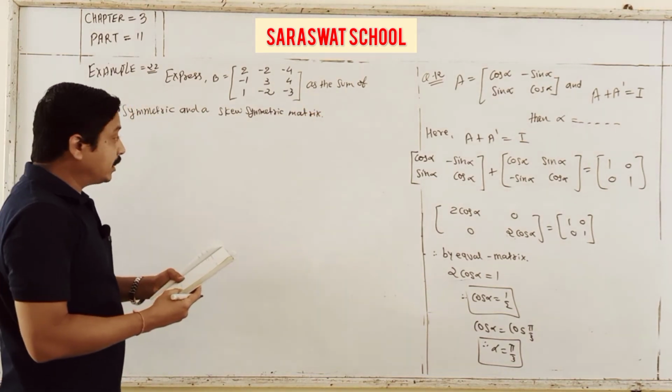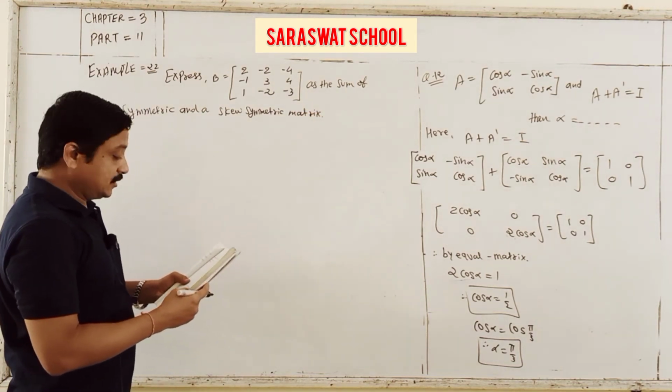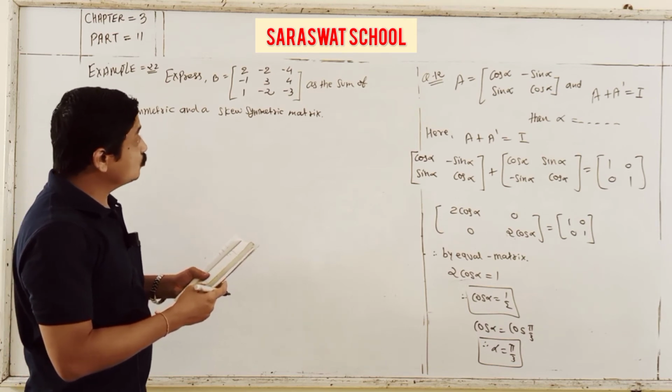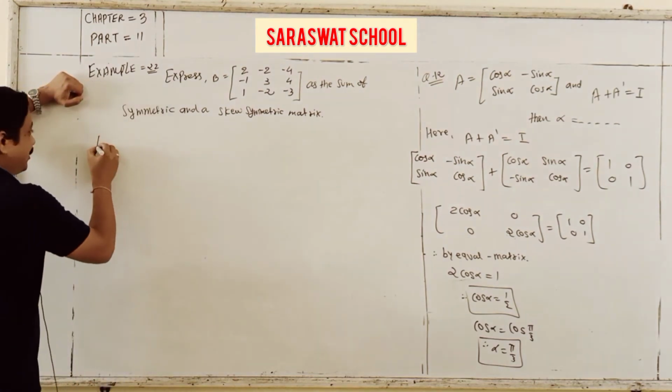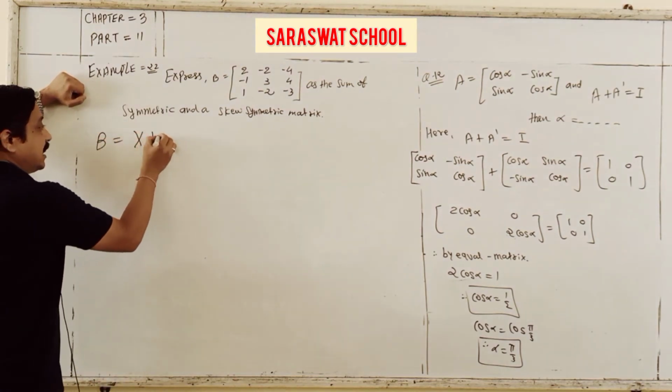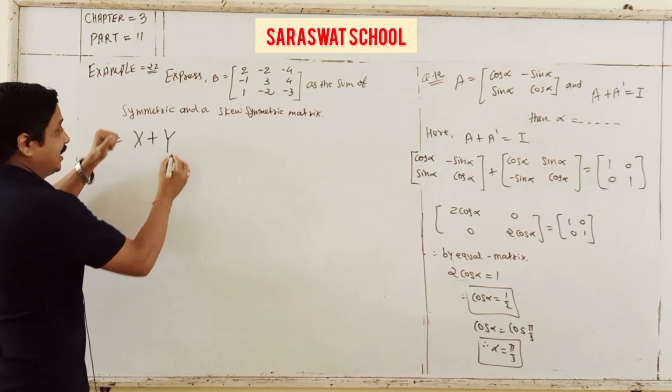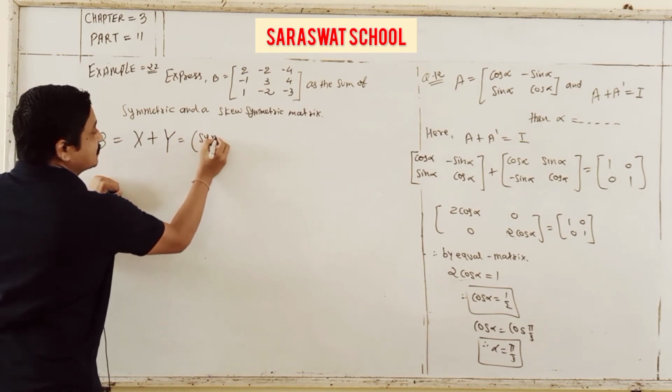Again I repeat: 2, minus 2, minus 4, minus 1, 3, 4, and 1, minus 2, minus 3. So as a sum of the symmetric and skew symmetric, you will write down B matrix as X plus Y. X is a symmetric matrix.